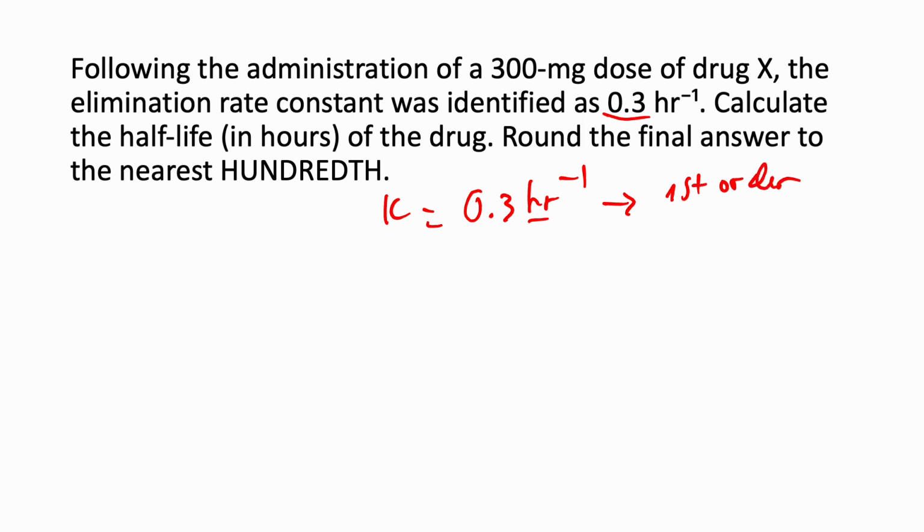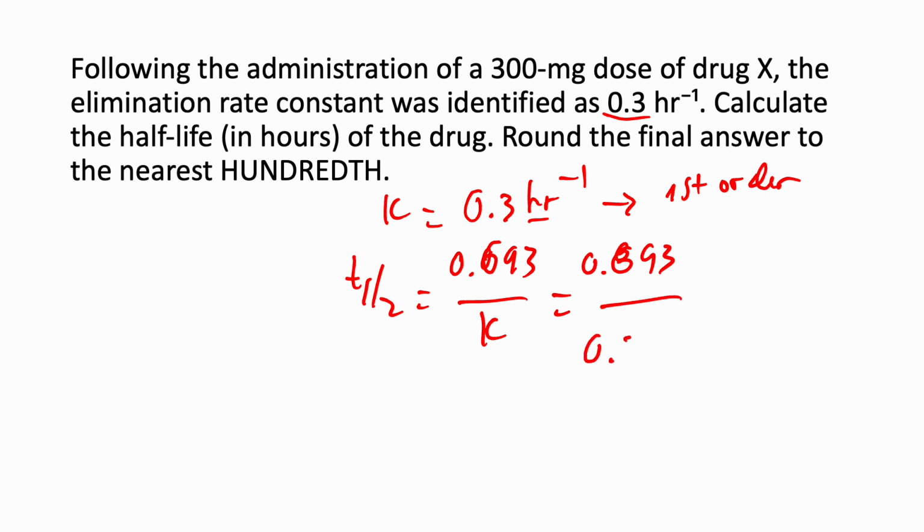In first order kinetics, the half-life is calculated by 0.693 divided by K, which equals 0.693 divided by 0.3 per hour.